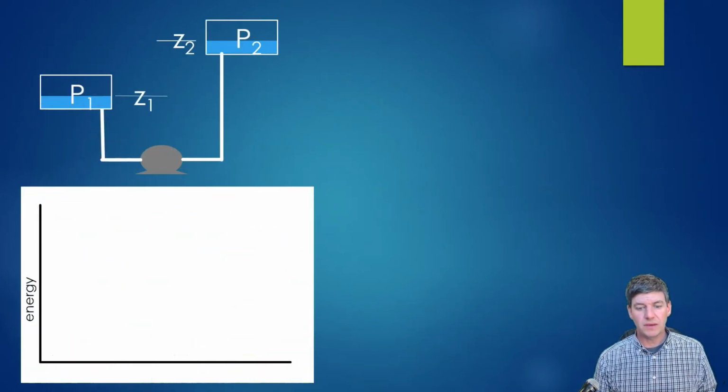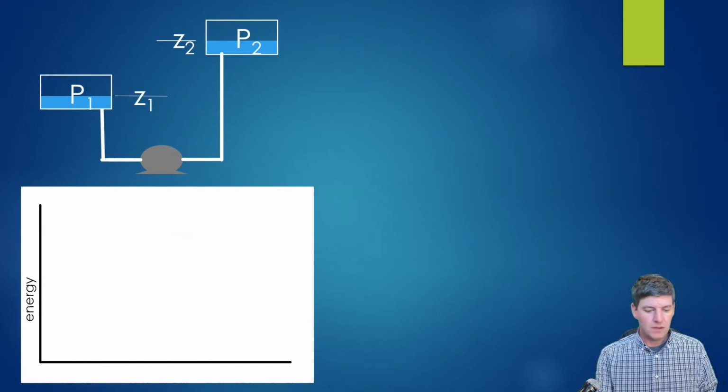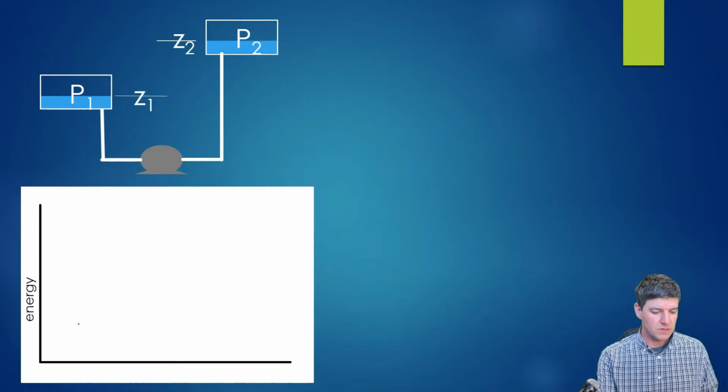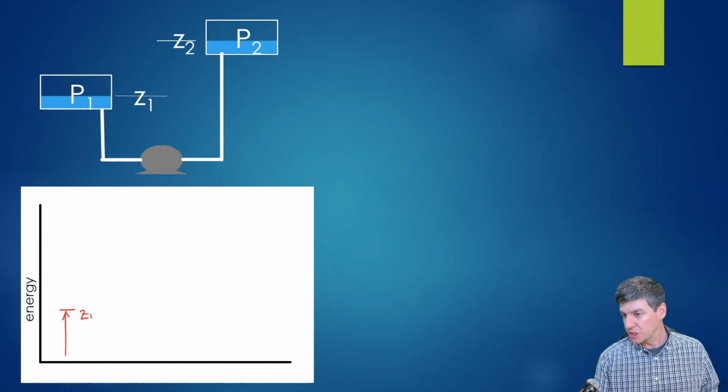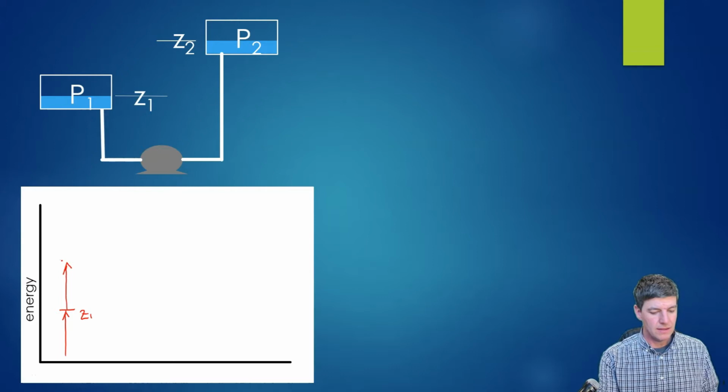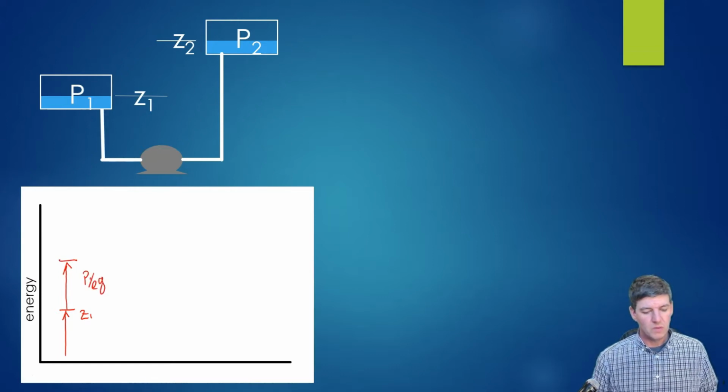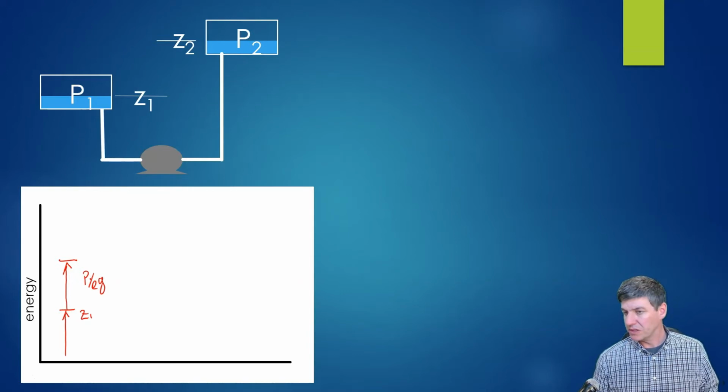So if we take a look at what that might look like on a head basis or energy basis, we have a few different components now. So instead of just the vertical heights, in this case, say we had a Z1 value which was contributing to some energy at that point 1. And we also had a pressure, so our pressure over rho g was going to contribute some amount of energy.